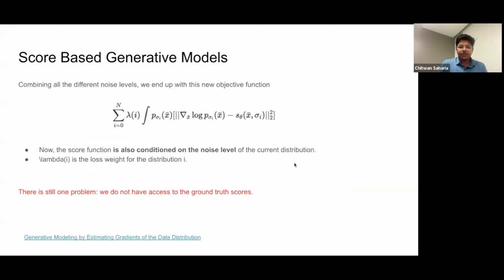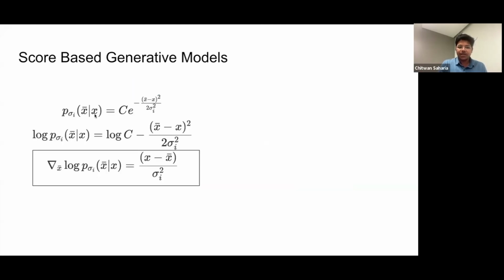Okay, so the way we defined p of x bar given x is basically a Gaussian distribution. I'm using a constant C here because it doesn't matter eventually. We take the log of it, we get this quantity, and now the gradient of this with respect to x bar would just become this quantity. And this is perfectly tractable. We have access to it, and we could just plug it in as a target and start training the model for score estimation.